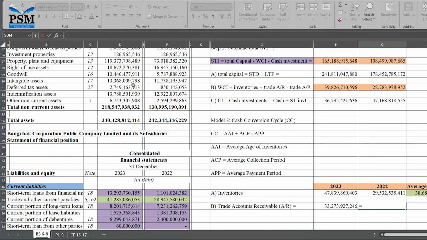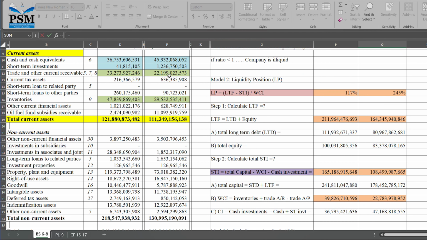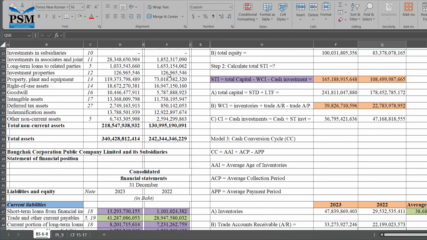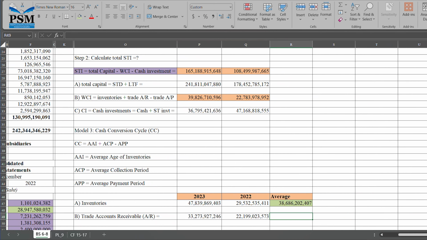Then we take it from row number 12, trade accounts receivable, column D and F for 2022 and 2023. Now we have to calculate the average. We do it the same way.